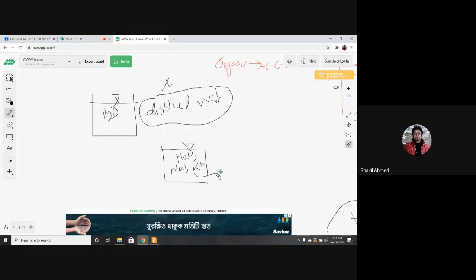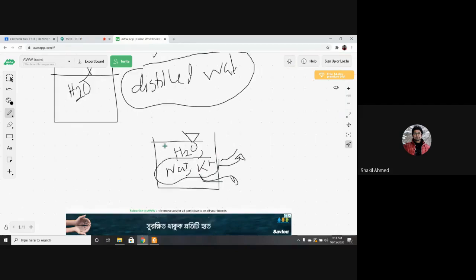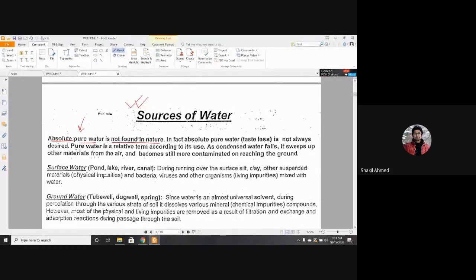Of course, within the limit; they should not be in such a high amount that is harmful for your health. You need them in your water, but at a desirable limit. Absolute pure water is not always desired, as I told you.